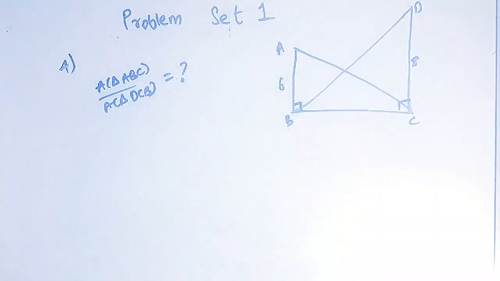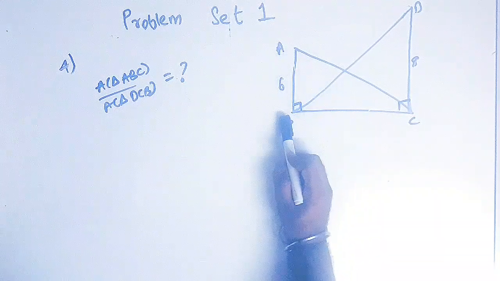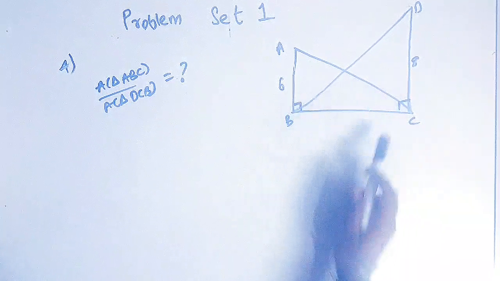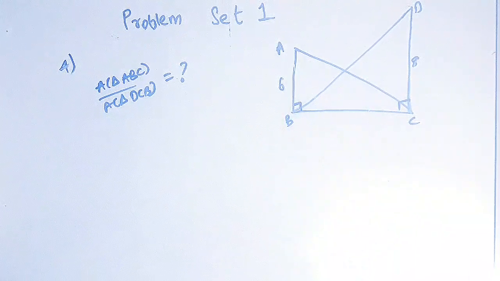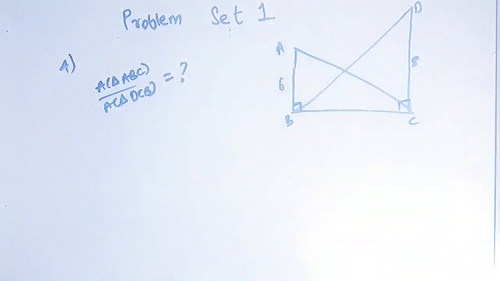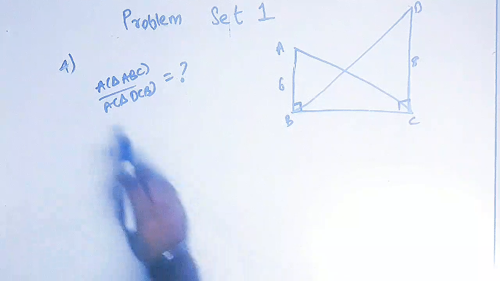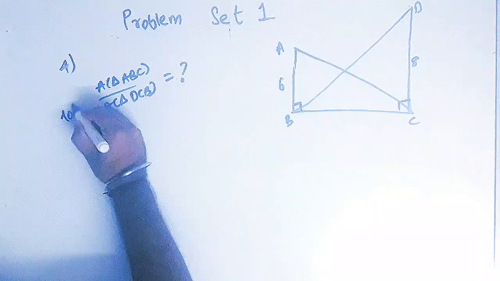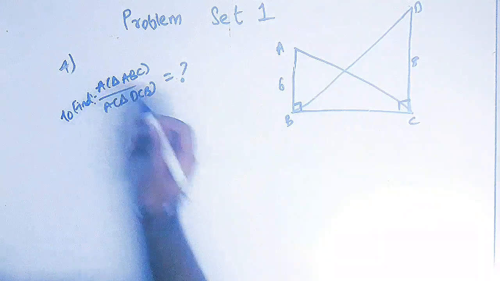Question number 4, you can see AB is given 6, DC is given 8. These two triangles are right angle triangles. That means that these AB and DC are their heights. Second thing is, they have asked area of triangle ABC upon area of triangle DBC.